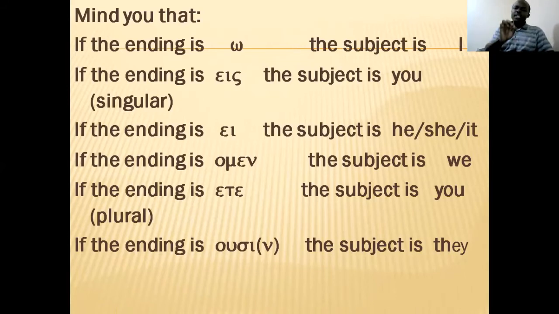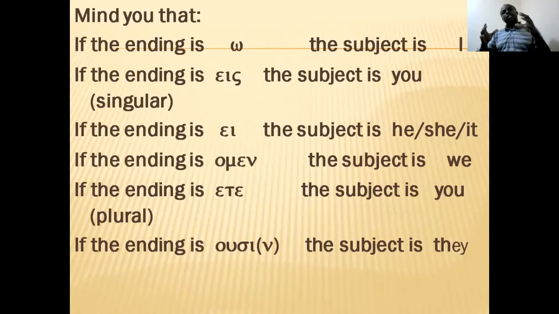If the ending is ei, the subject is he, she, or it. If the ending is omen, the subject is we. And if the ending is ete, the subject is you plural. Whereas if the ending is ousin, the subject is they.